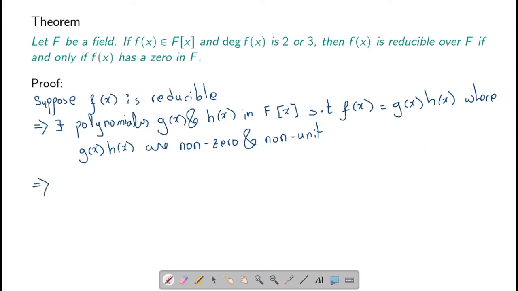Now notice here that the degree of f(x) is the degree of g(x) plus the degree of h(x).